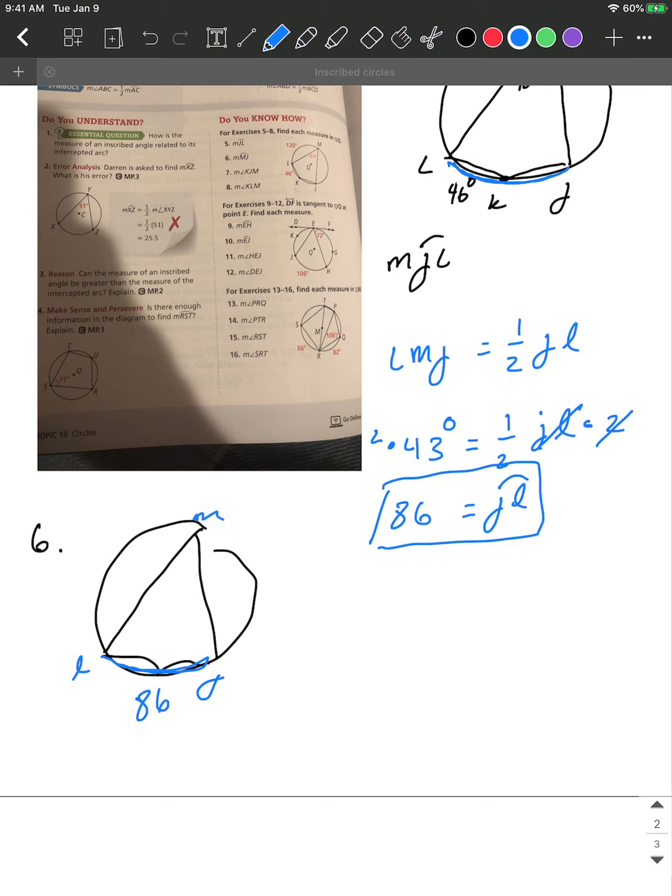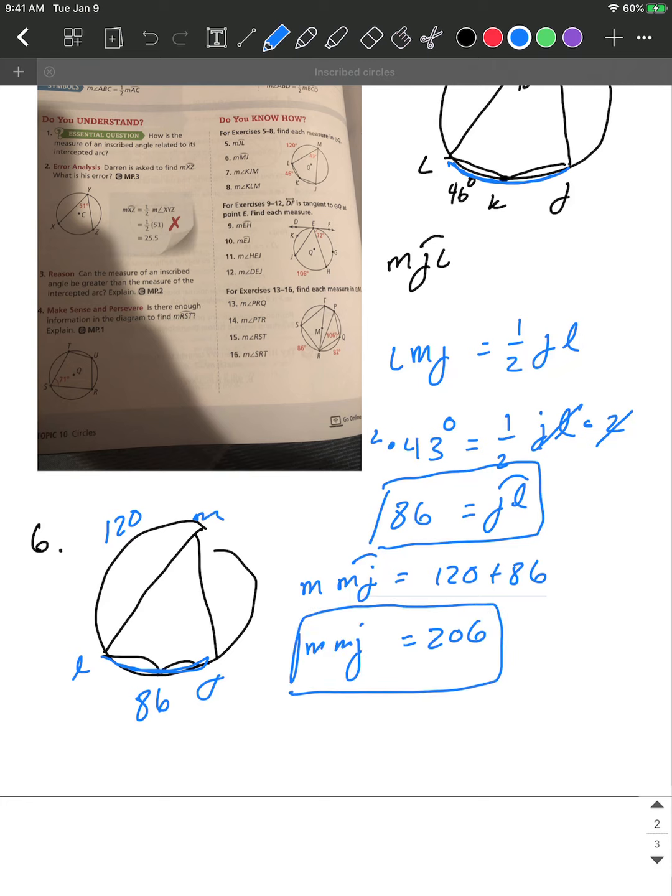Now if this is 86 and this is 120, we can add the measurements together. Since they want us to know the measure of MJ, what's 120 plus 86? That's 206. So 206 would be the measure of arc MJ.